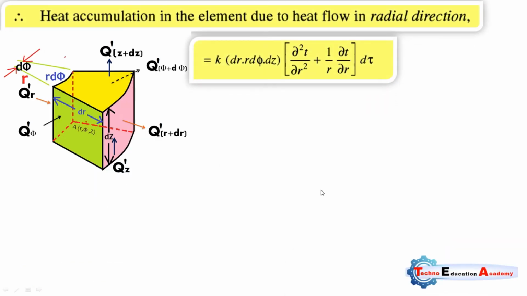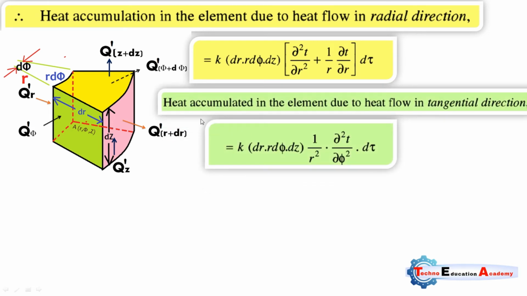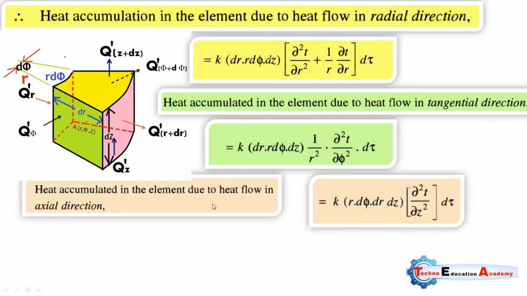So heat accumulated in the element due to the heat flow in radial direction, plus heat accumulated due to the heat flow in tangential direction, plus heat accumulated due to the heat flow in axial direction. So sum of these three direction heat flow is called net heat accumulated in the element.